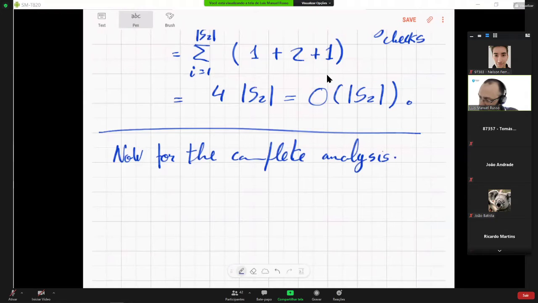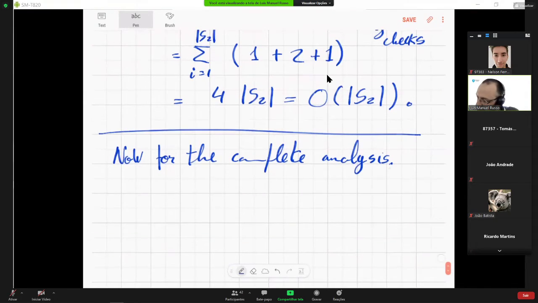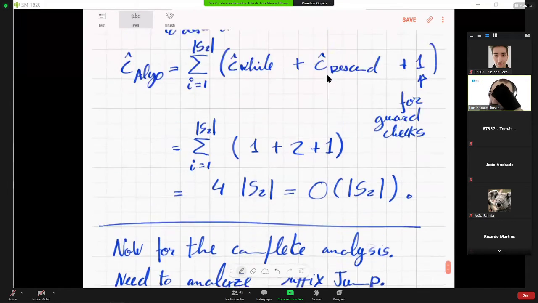Okay, so now we need to analyze the suffix jump. So you need to analyze the suffix jump. Right, so let's look at the suffix jump.